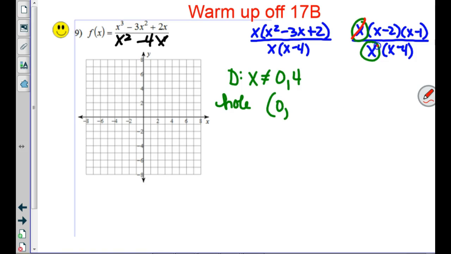So plug it into the reduced one. I have 0 minus 2 times 0 minus 1 all over 0 minus 4, which would be positive 2 over negative 4. Did I get that right? So negative 1/2. So 0 across, down 1/2 is our hole right there.